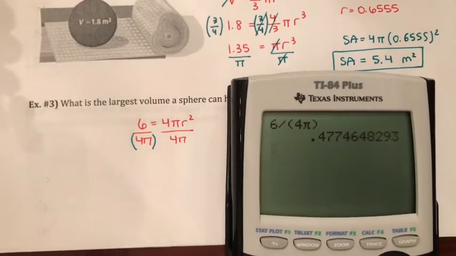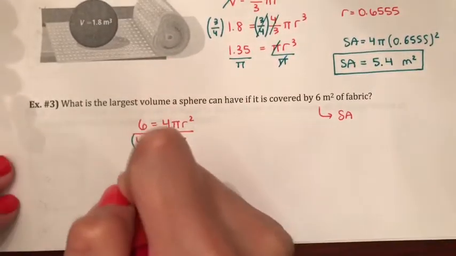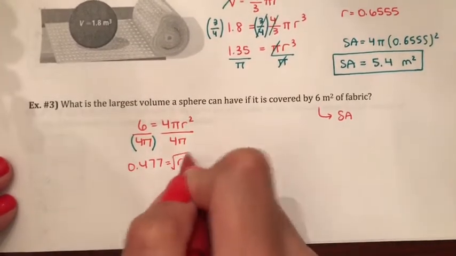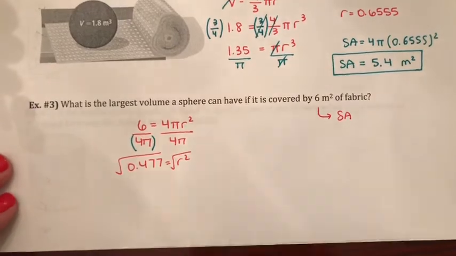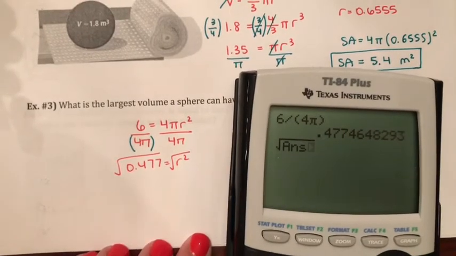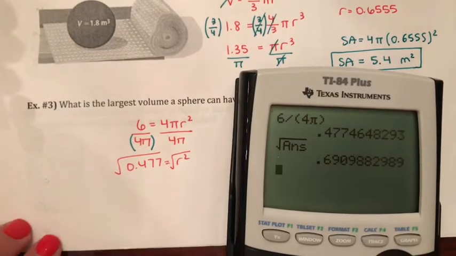So I have 0.477. So now I'm going to take the square root of that to get r by itself, and I'm just going to hit the square root button and the previous answer, ANS, and we end up with a radius of 0.69.